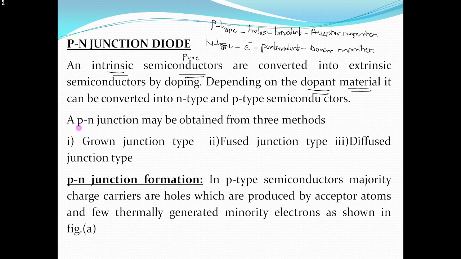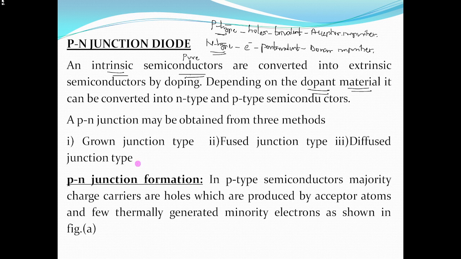Now, how to form a PN junction? This is the P-type semiconductor and this is the N-type semiconductor. A PN junction can be obtained by three methods: grown junction type, fused junction type, and diffused junction type.